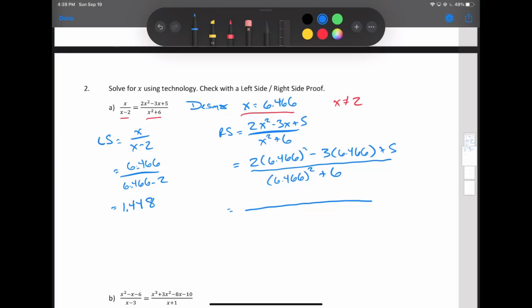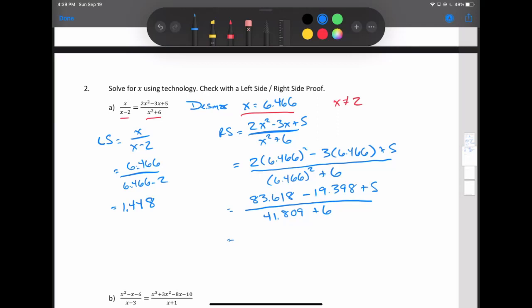And that's going to give me on the bottom here 41.809 plus 6. And on the top, 2 times that is 83.618 minus 3 times that, just 19.398 plus 5. And hopefully this works.